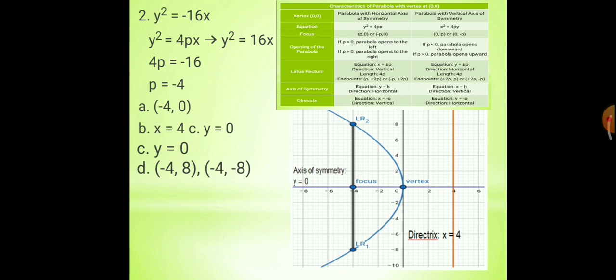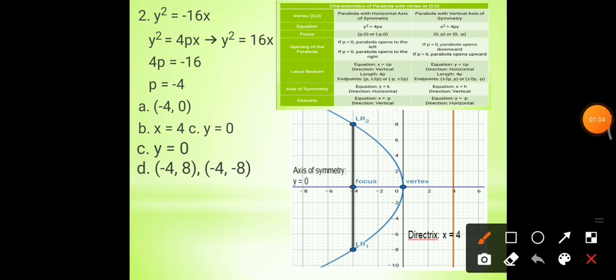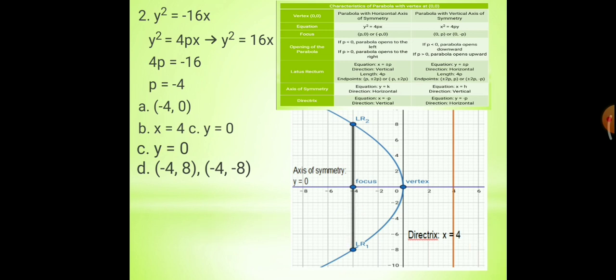Since our p is negative, because the equation of the directrix is x is equal to negative p, and the value of our p is already negative, negative times negative 4, we have the directrix at x is equal to positive 4.